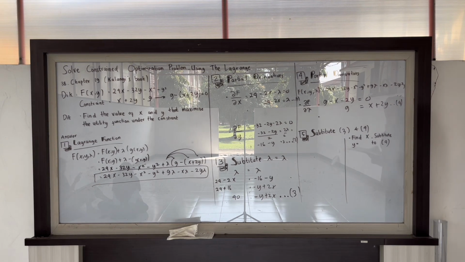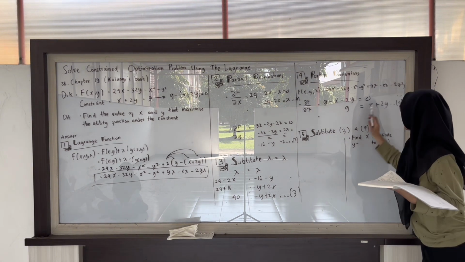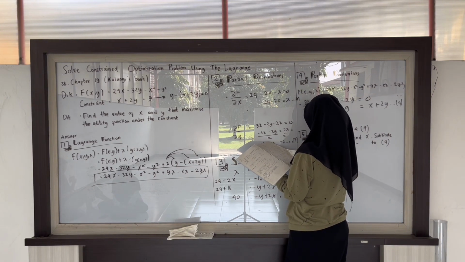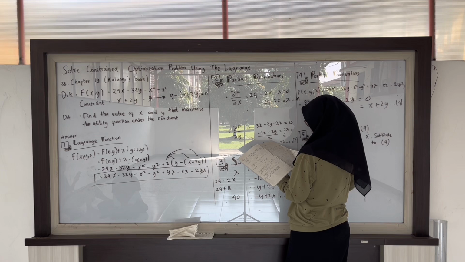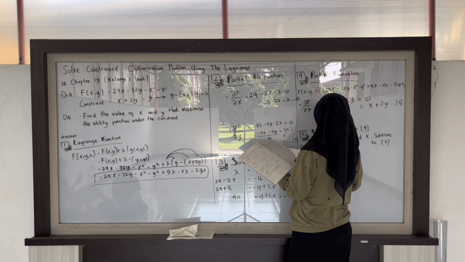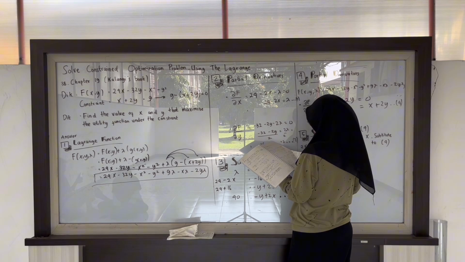And then we combine equation 3 and equation 4: 2x minus y, sorry, and x plus 2y.